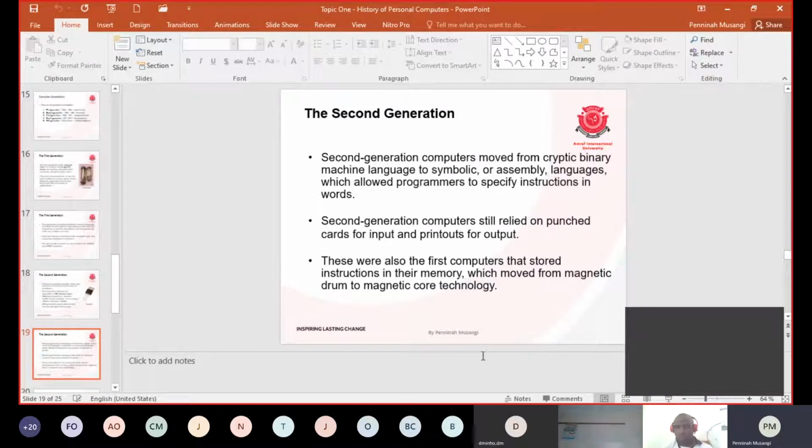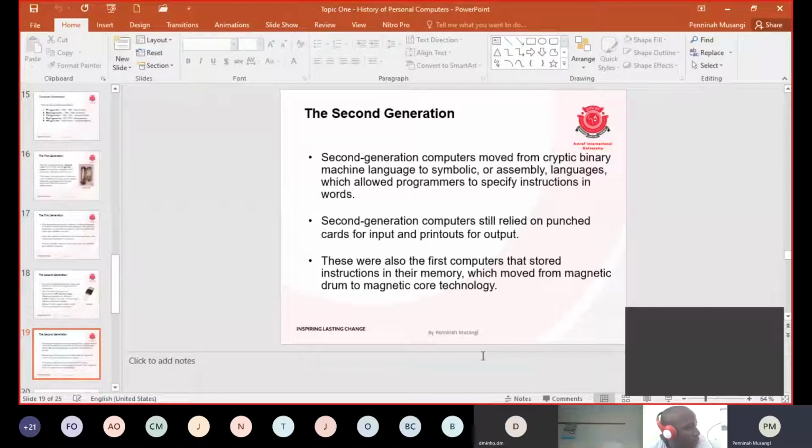Okay, still continue with the second generation computers. Now, in the second generation, computers moved from the binary machine language to what we call symbolic assembly language, which is more of a human language. And this allowed programmers to specify instructions in words. So this is what I was talking about when I was talking about machine language, whereby a machine could only understand its language, but you as a human being, you could not.